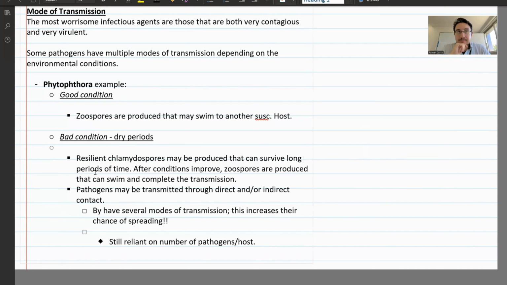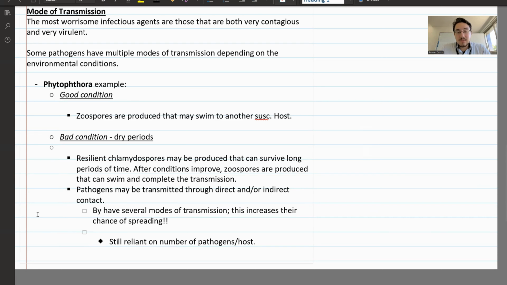And when the conditions improve, these spores can then propagate themselves, swim around, and complete the transmission from an infected host to a susceptible host. So yes, it does depend on the conditions that enable the mode of transmission. Okay.